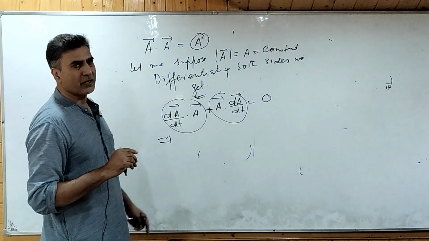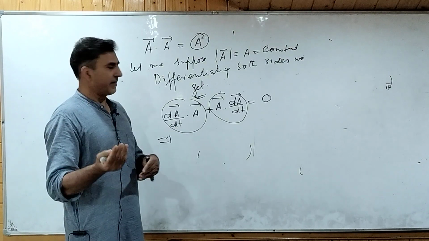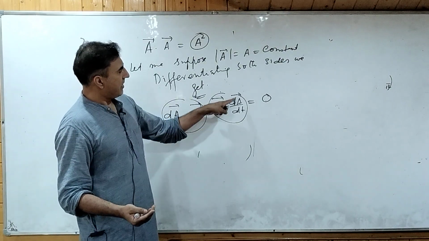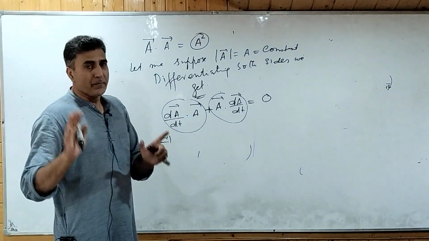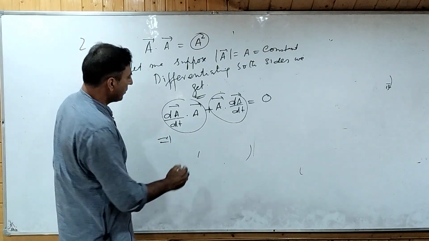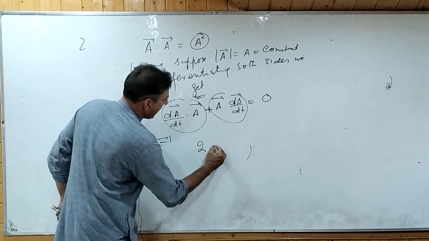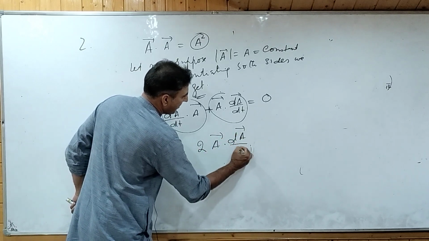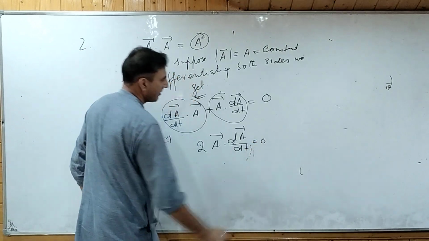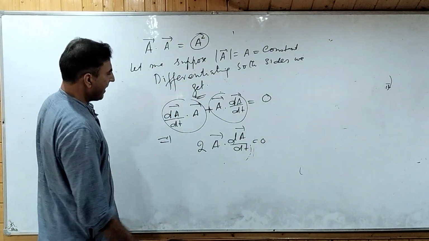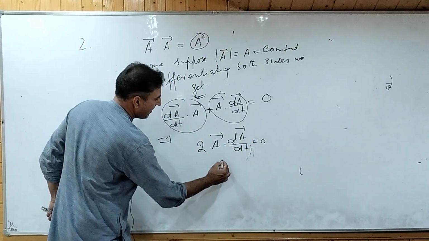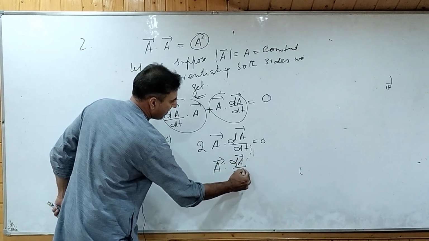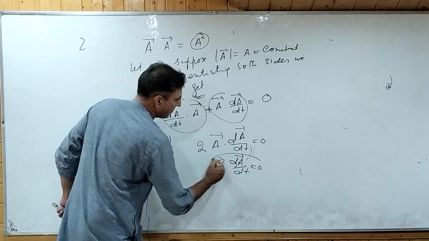And by commutation rule, A dot B is B dot A. Whether it is dA by dt dot A or A dot dA by dt, they are equal by commutation rule. So what do I write? That is 2 times A dot dA by dt is equal to 0. And that makes it A vector dot dA by dt is equal to 0.